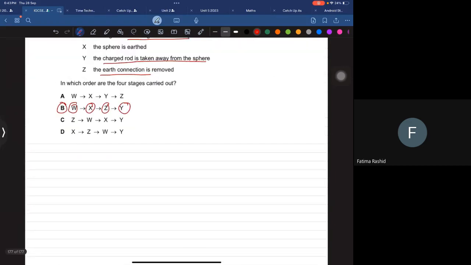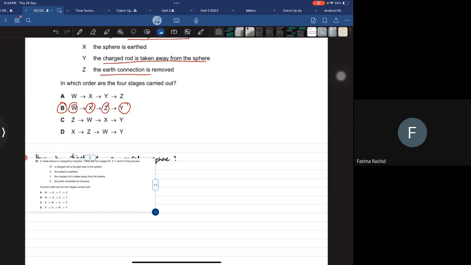Now, we also need to know the next, and that is when we would be considering how to discharge a metal sphere. This is the question, right? Oh no, that's bad.